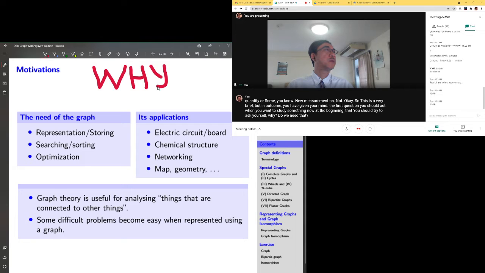The answer for graph theory is very easy, because in computing, a software engineer, a project manager, or a hardware builder needs to know how to represent the structure, shorten some structure, and then optimize something.